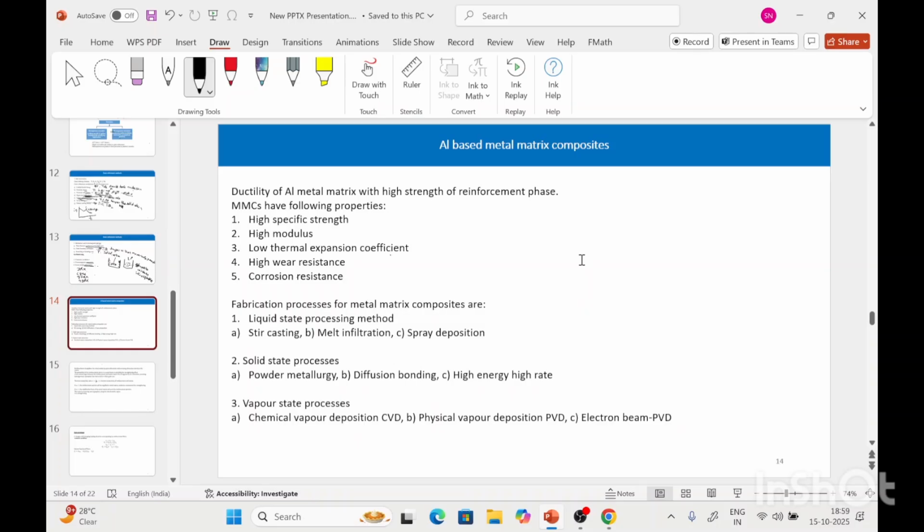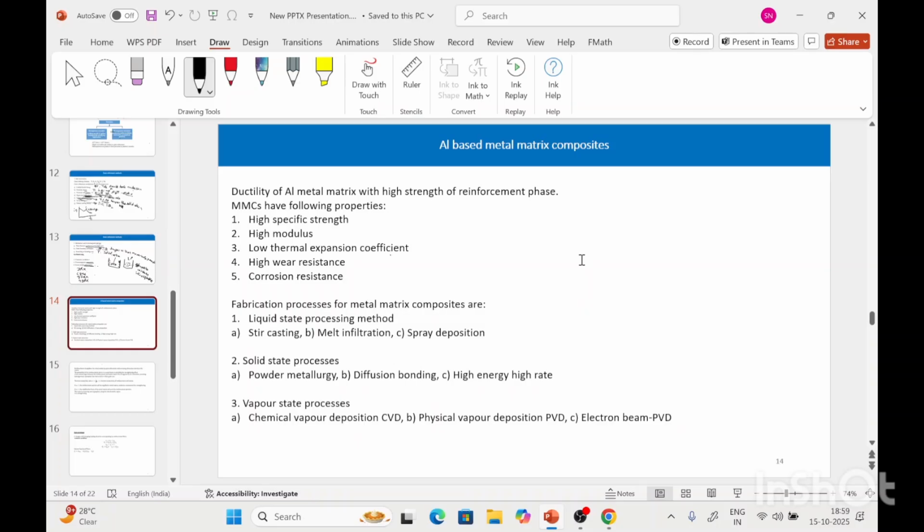So both high ductility and high strength are achieved by forming these composites. Aluminum alloys generally have high ductility, that's why they are used with the high strength reinforcement phase. Metal matrix composites have the following properties: high specific strength, high modulus, low thermal expansion coefficient, high wear resistance, and improved corrosion resistance.